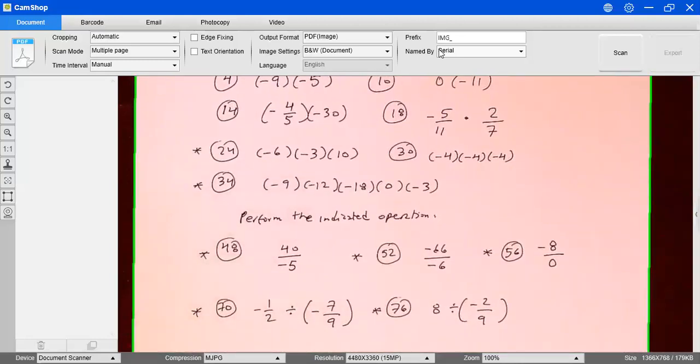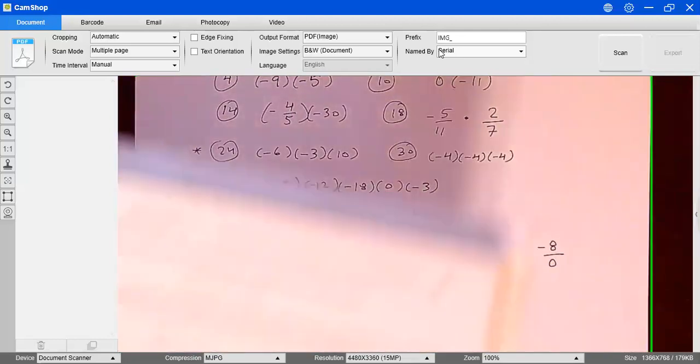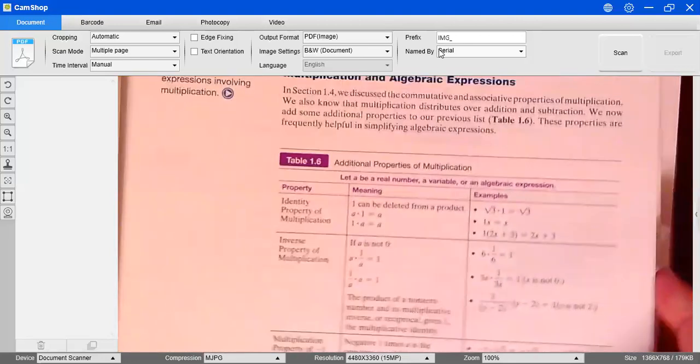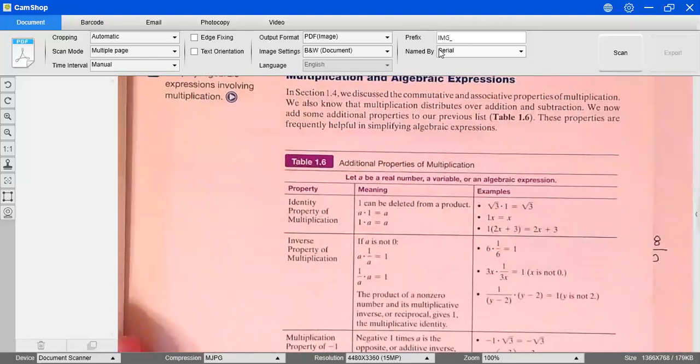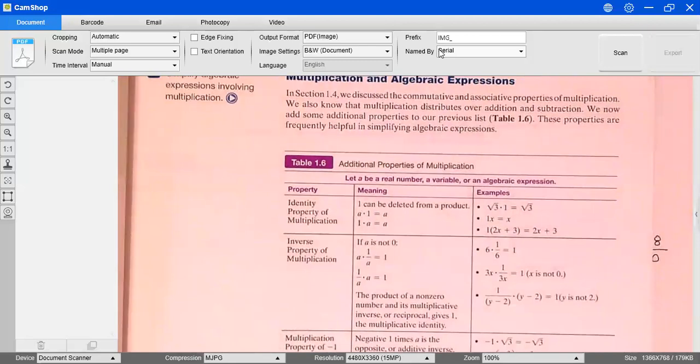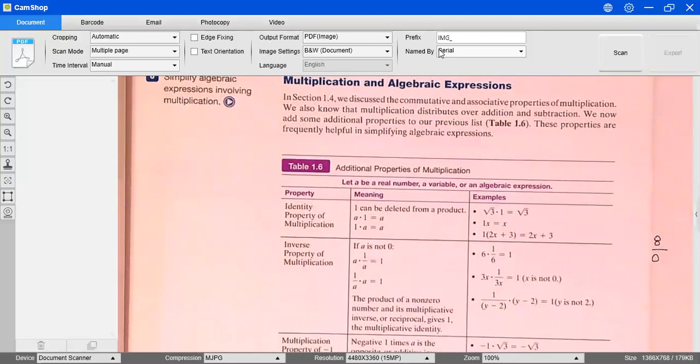There are important tables in your book that you can check just to see all the information that we cover in this section. There are additional properties of multiplication. This is just formal algebra.